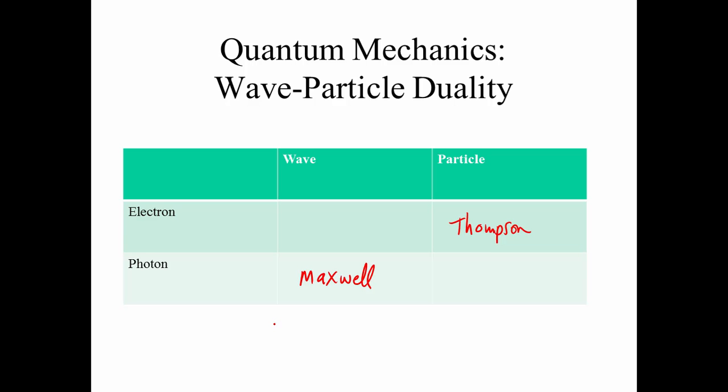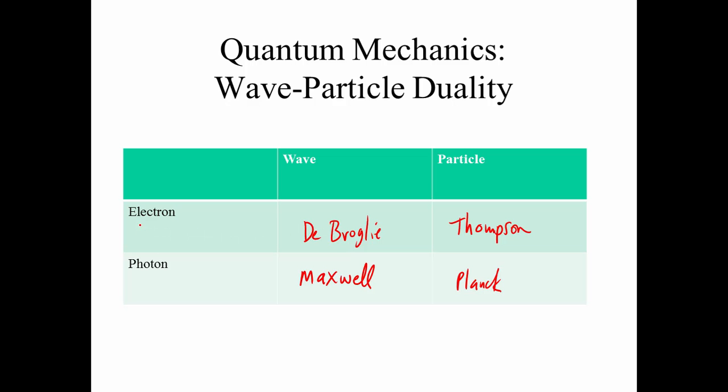However, after the turn of the last century, Planck described the energy of light in terms of packets he called photons. And so this gives a particle picture of light. And so to kind of complete our understanding of nature, when we look at electrons, it turned out in an experiment in 1924 by de Broglie that electrons can behave as waves.